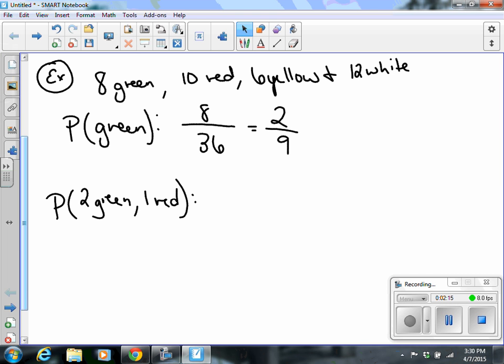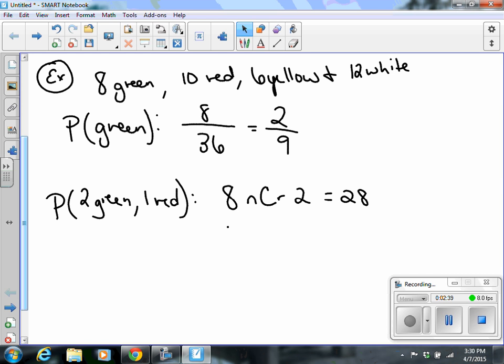I need to choose 2 green, so I have 8 choose 2. I'm using my calculator to figure out the number of ways I can select 2 out of the green, which is 28.